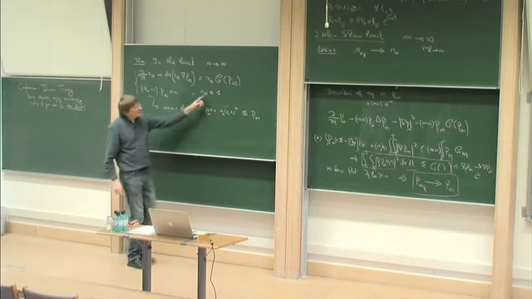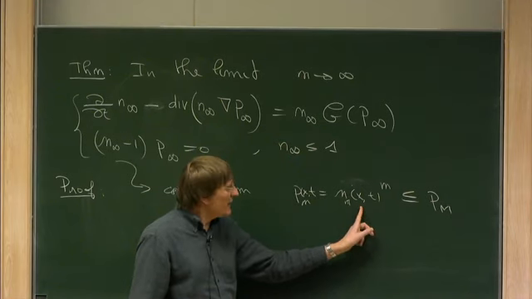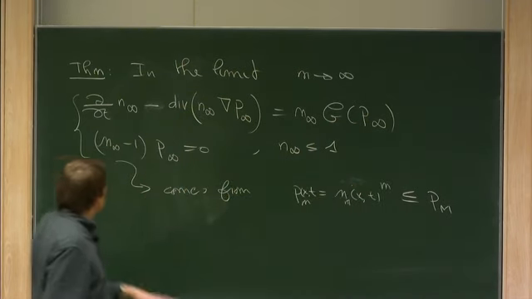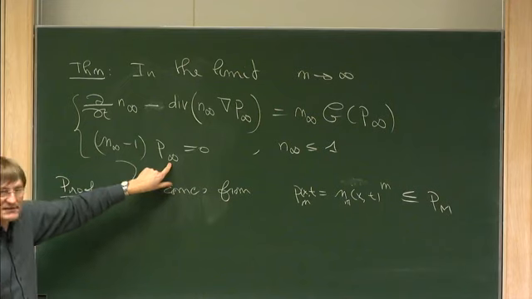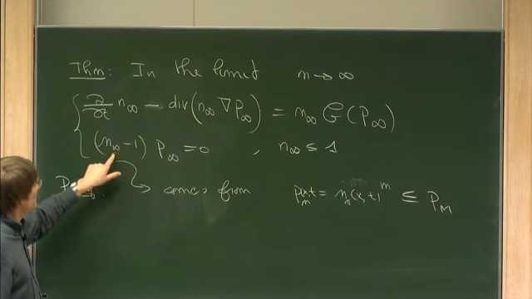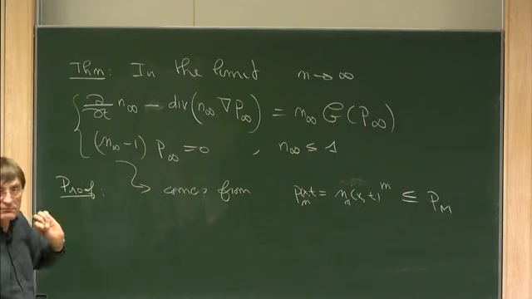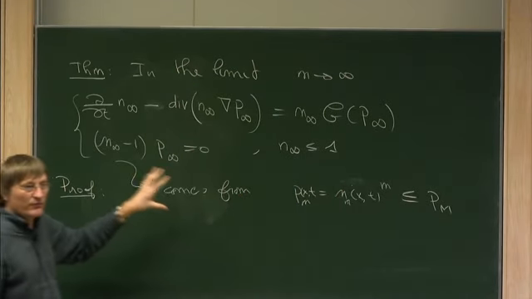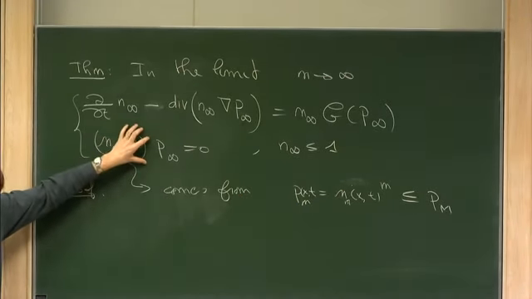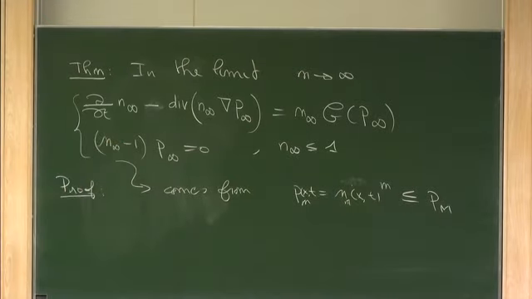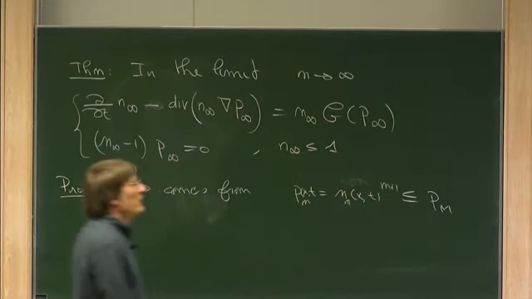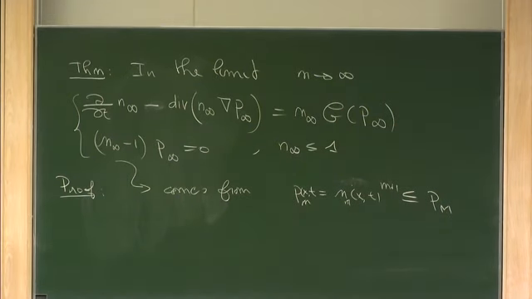Either the limit is strictly less than 1, in which case n to the power m goes to 0, which means that if this is not 0, this is 0. Or in the other case, n infinity equals 1, and then this is 0. So from this equality, when m tends to infinity, the limit is this, and this is n plus 1. So this is the limiting relation.